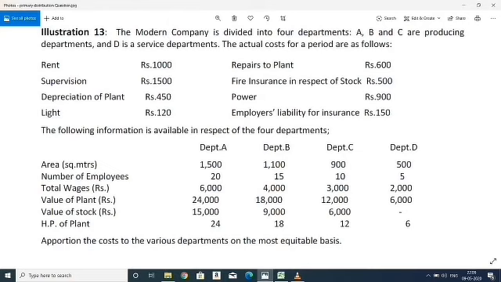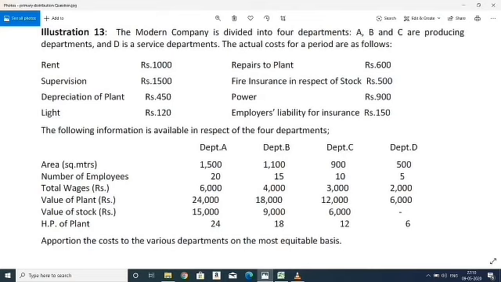The following information is available in respect of the four departments, Department A, B, C and D. Area in square meters 1500, 1100, 900 and 500 for departments A, B, C and D. The number of employees 20, 15, 10 and 5 for A, B, C and D departments.